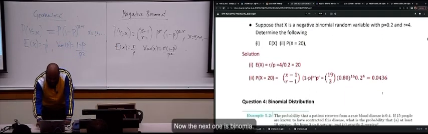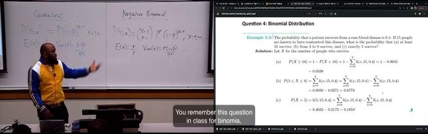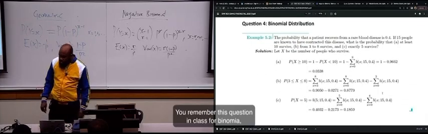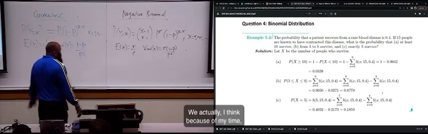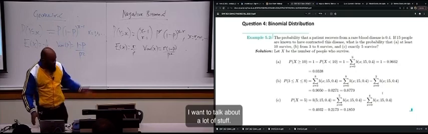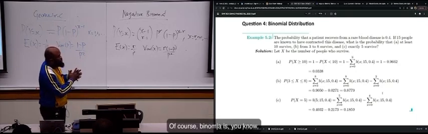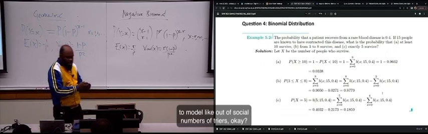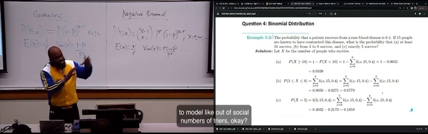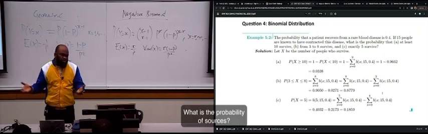Now, the next one is binomial. You remember this question in class. Binomial is used to model, out of so many trials, what is the probability of success.